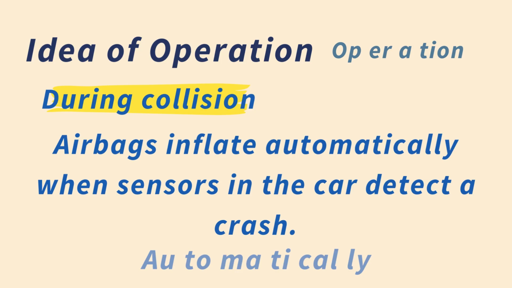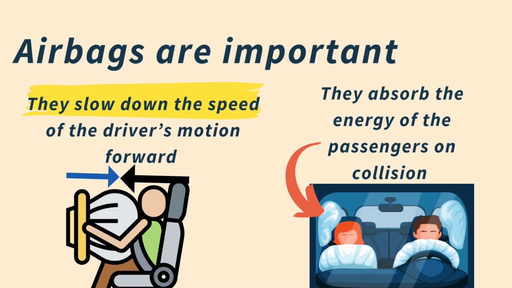And this is why: to slow down the speed of the driver's motion forward. As you see here in the picture, this airbag slows down the speed of the driver's motion forward. As the driver moves forward during the collision or the crash, these airbags slow down the speed because they provide a force in the opposite direction.